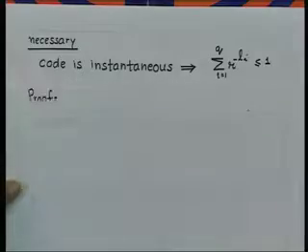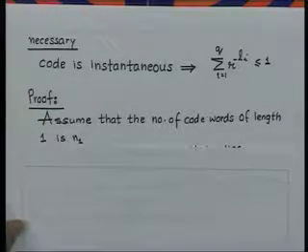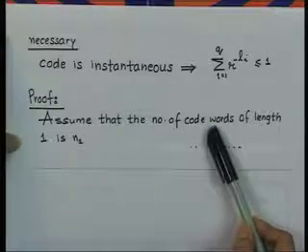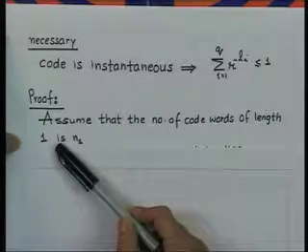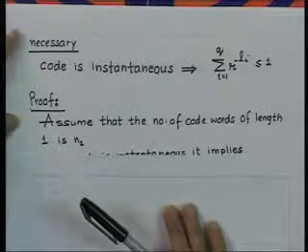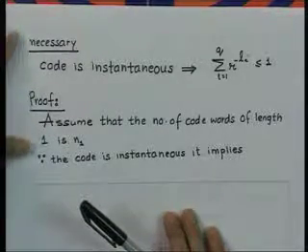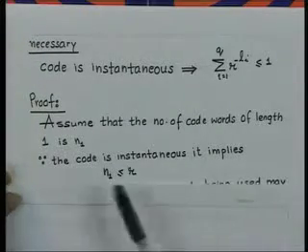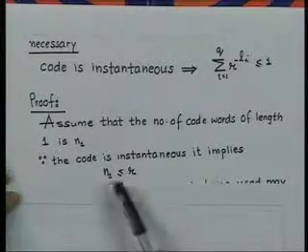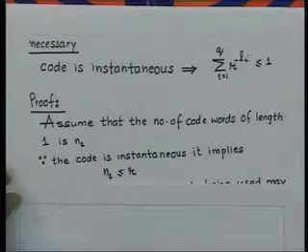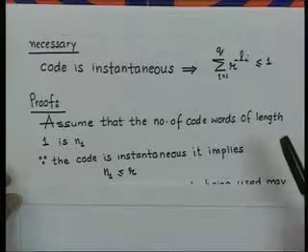So the proof goes as follows. Let us assume that the number of code words of length 1 is n1. Because the code is instantaneous, it implies that n1 should be less than or equal to r, where r is the size of the code alphabet.